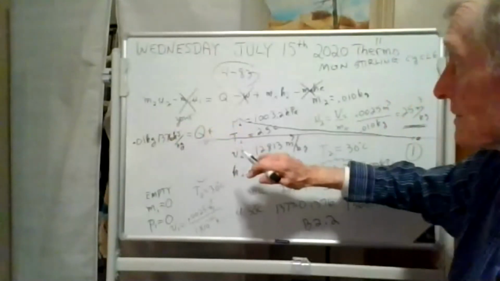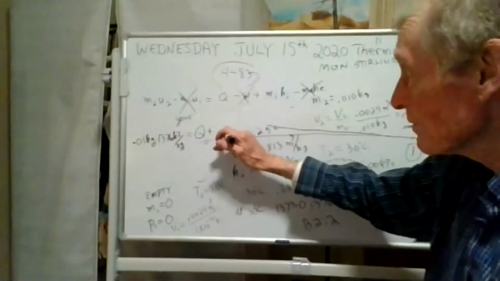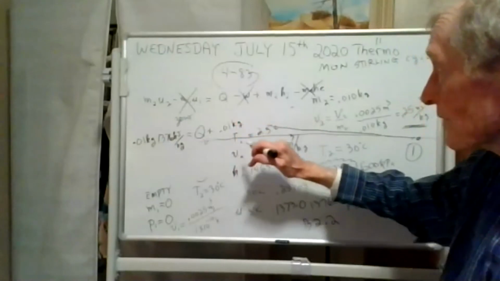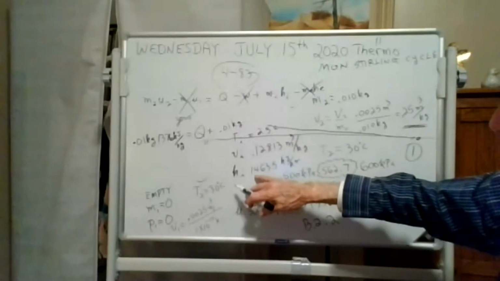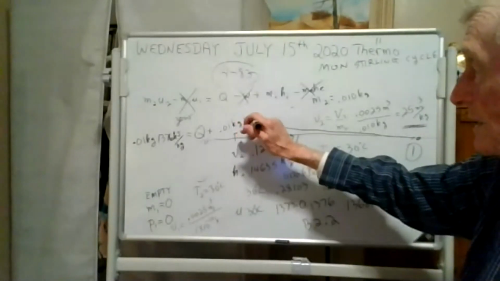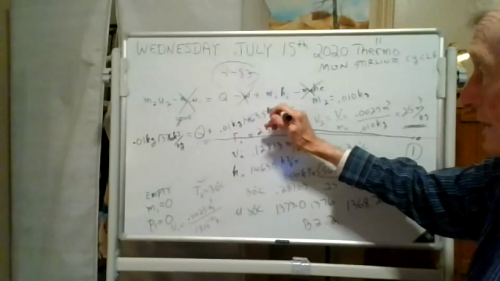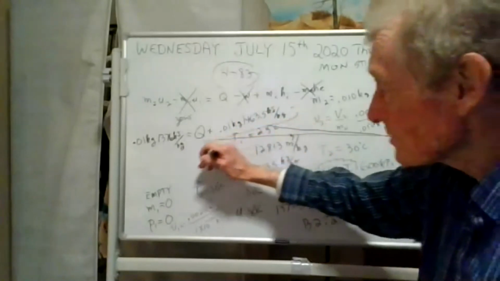Plus MI, well, MI is 0.01 kilograms. That's what came in. And HI, oh, there it is. We wrote it down. It's 1463.5 kilojoules per kilogram.